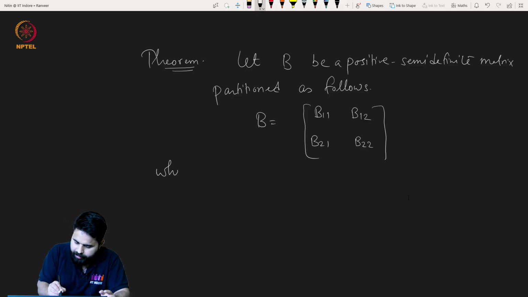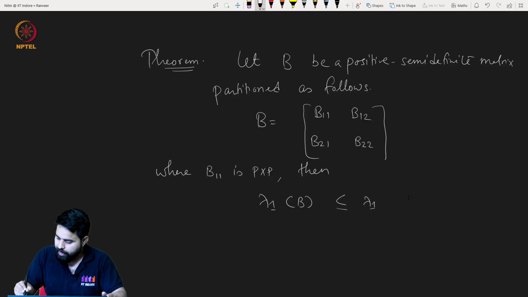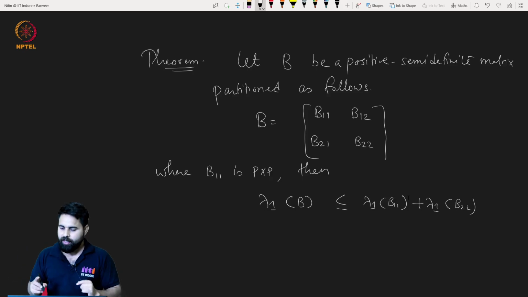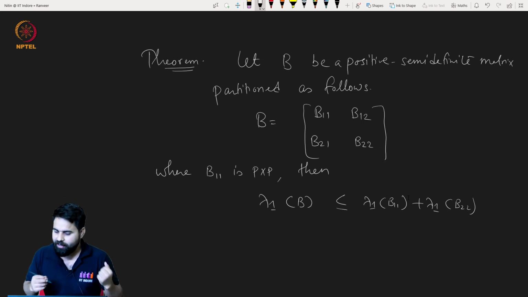Let me write it clearly: B11 is P cross P for some P. Then the largest eigenvalue of B is always less than or equal to the largest eigenvalue of B11 plus the largest eigenvalue of B22. Now in this lecture we begin with a generalized result of this.